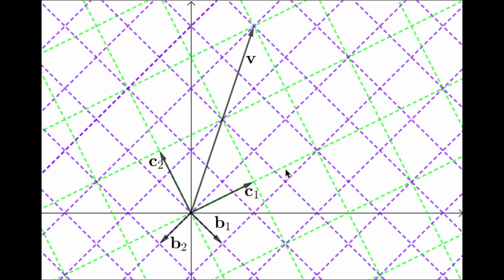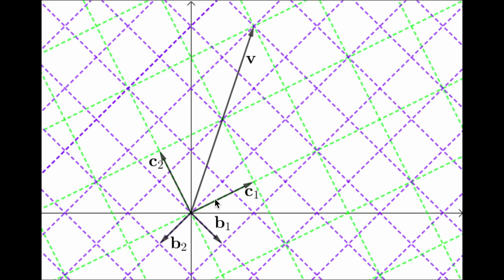No, it's actually the green one. The C1 goes this way, C2 goes this way, so the green grid is the one that's drawn with respect to basis C.